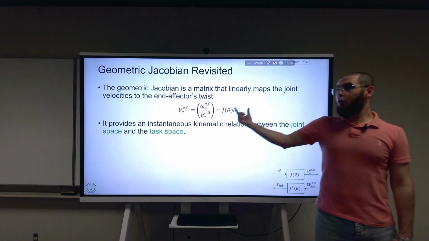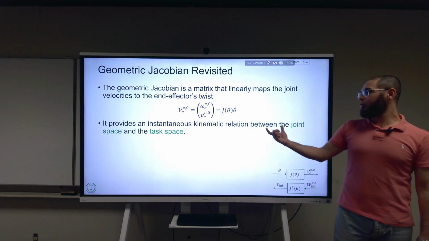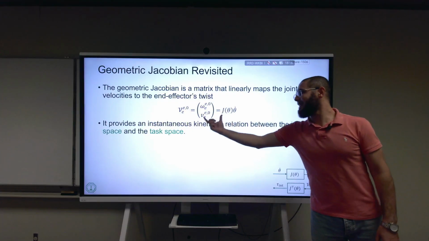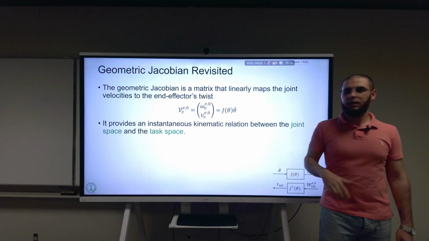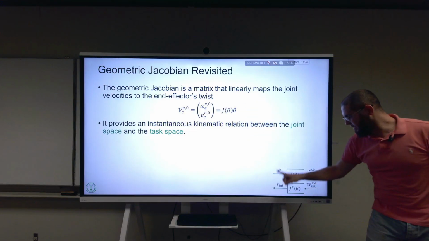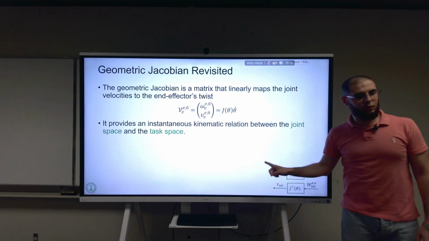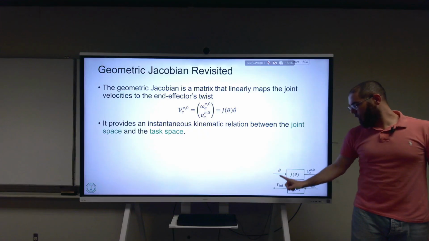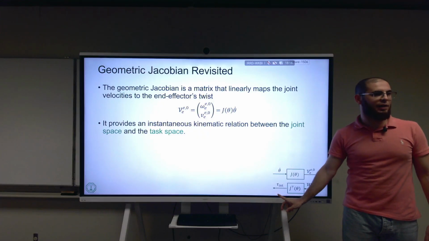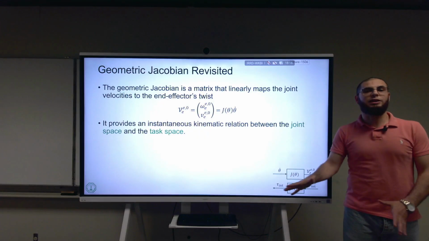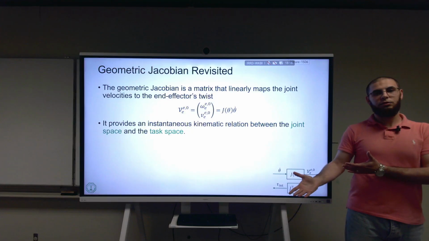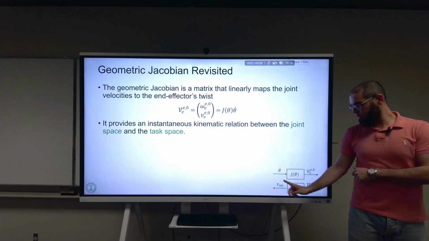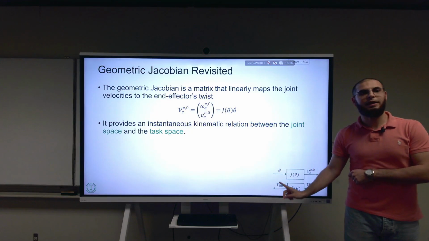What the Jacobian does is give us an instantaneous kinematic relation between the joint space and the task space. So this velocity-like variable and this force-like variable belong to the joint space. You all agree? They are the joints of the robot: angular velocities of the robot joints, and the torques applied at the robot joints.